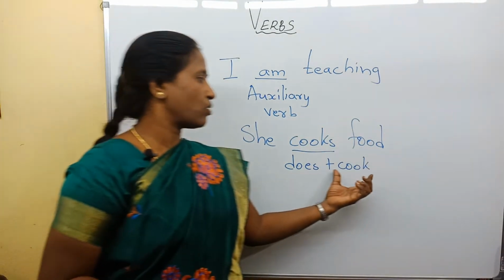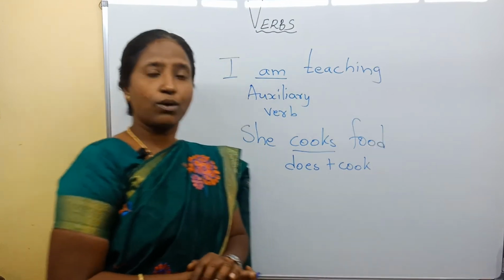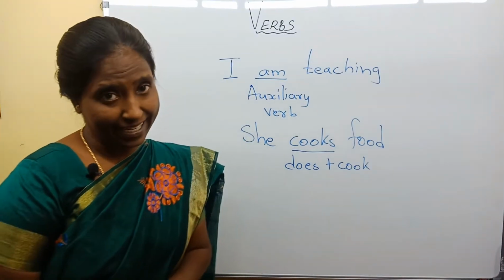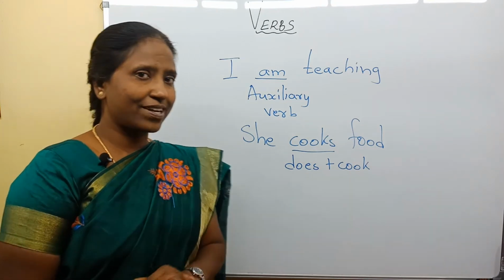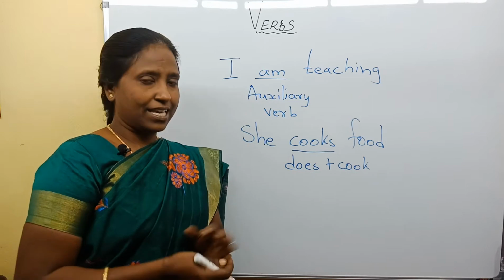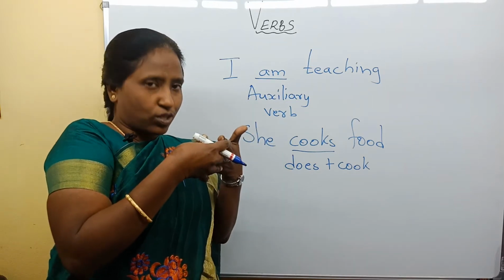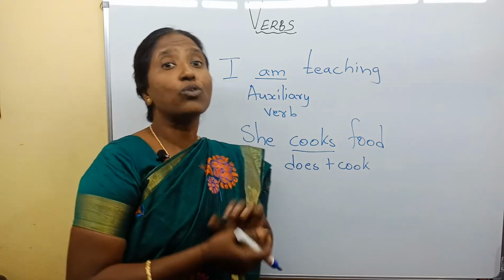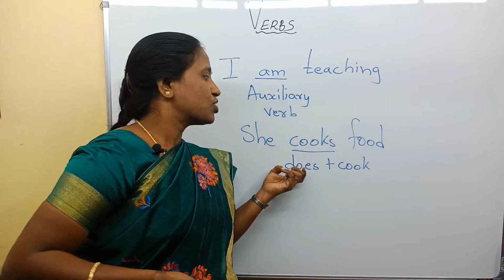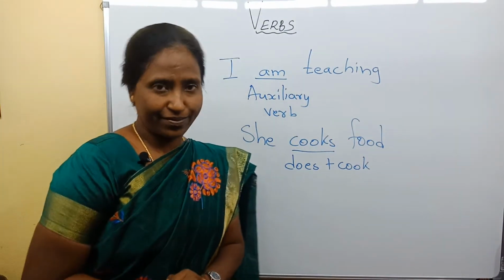Cook is a verb root. And what's getting added? S is getting added. Where did this s come from? S is from the auxiliary verb does. The does gets mixed with cook to make cooks. She cooks food. That means she does cook food.